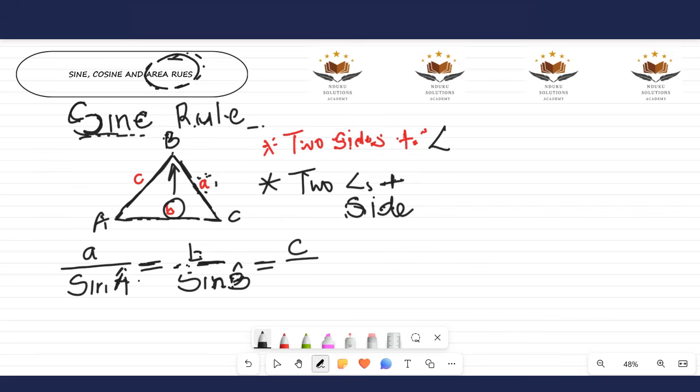And c, the sine of C. There's a small letter c. I'll just make it small so you can see it. But because this is a ratio, one can also write this and say, if I'm looking for an angle, I'll put the angles on top, making the sum of the formula easy.